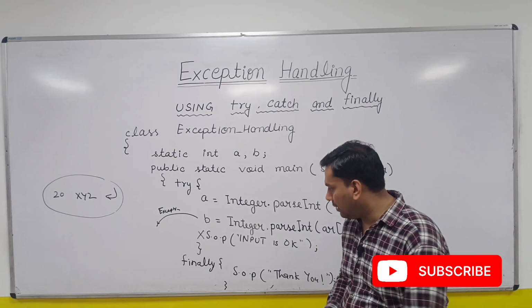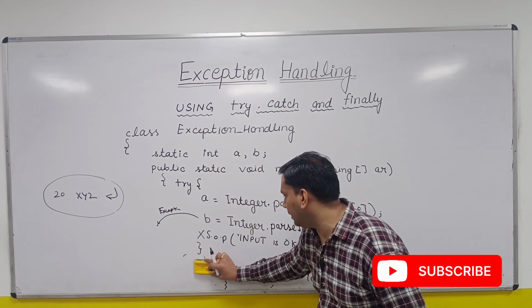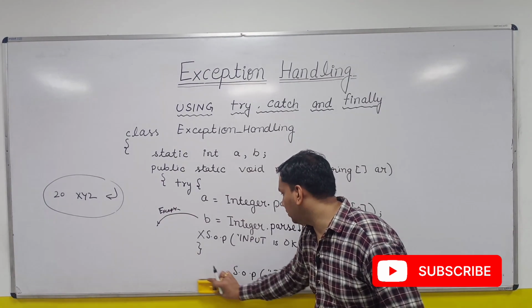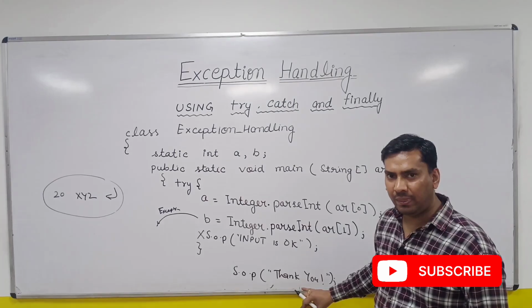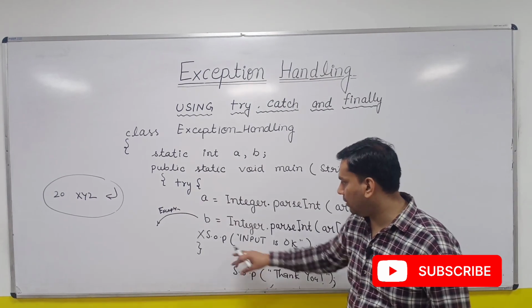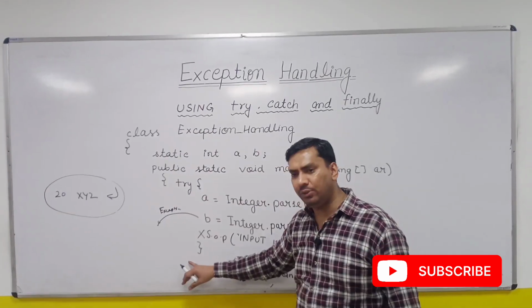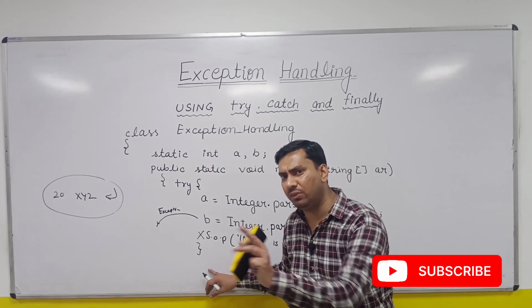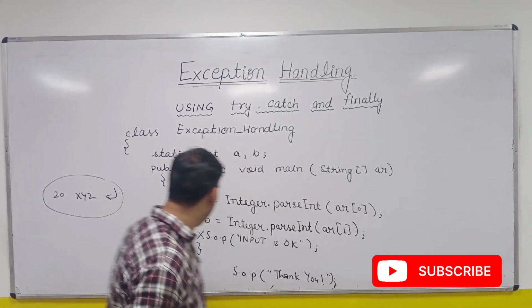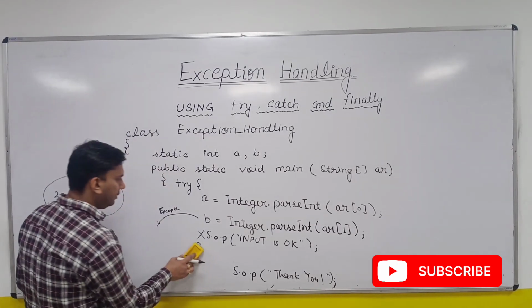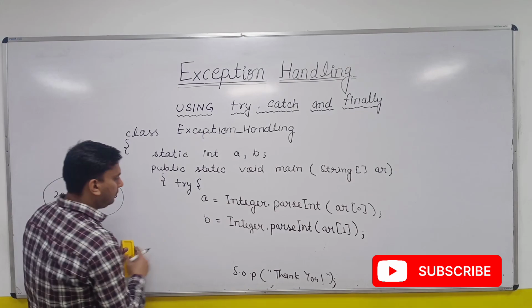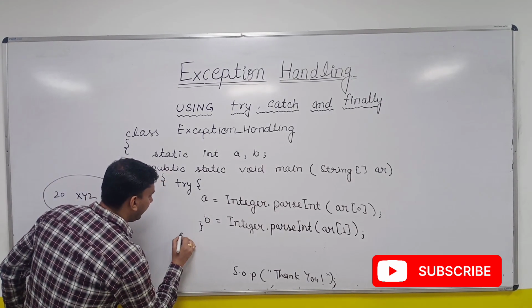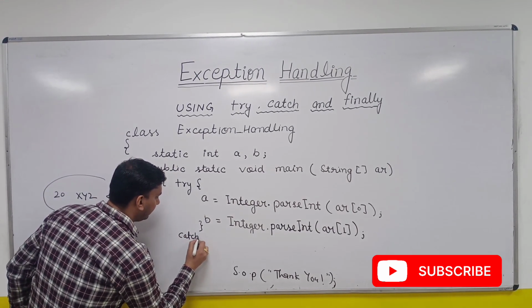This is guaranteed. But if you do not write finally here and you write some other catch block, it will never print thank you. Now suppose you have written some try and a catch block which is not of number format. For example, I am removing this try and writing a catch block now.